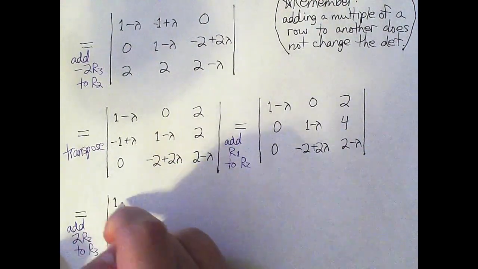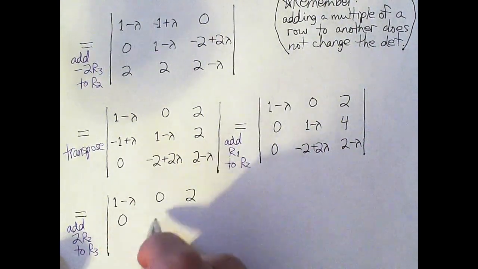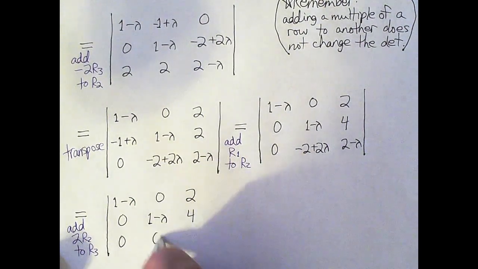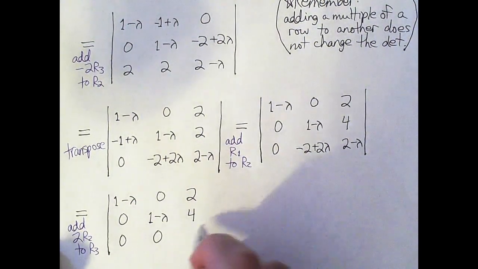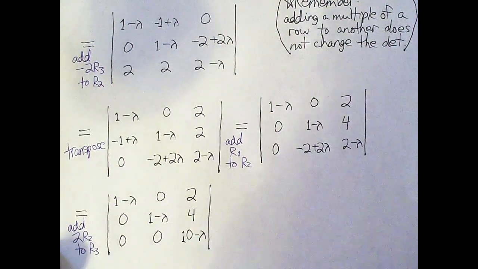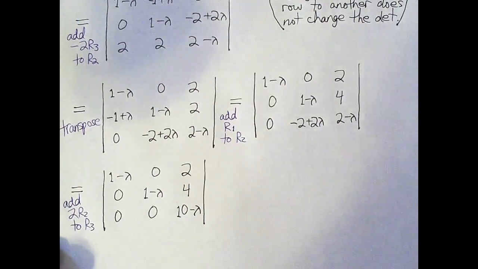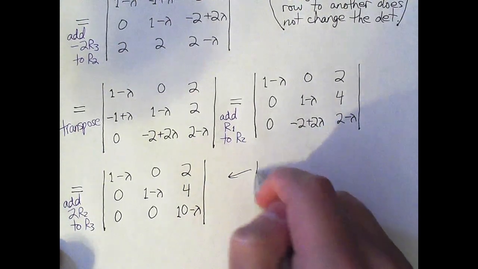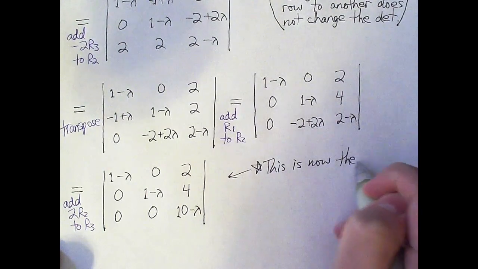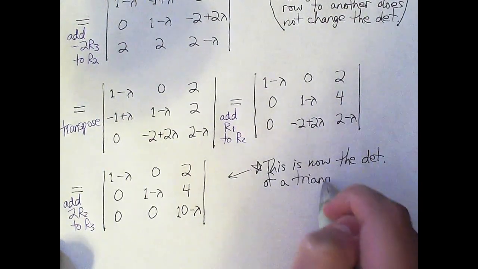So row 1 stays the same, row 2 stays the same, row 3, we get a 0 here, and this becomes 10 minus lambda.